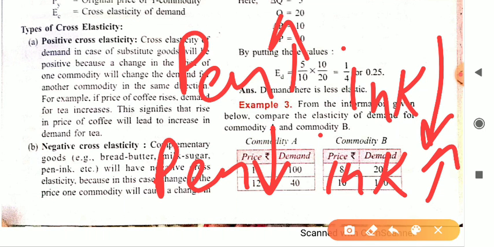So this shows an inverse relationship between pen and ink. If the price of pen increases, quantity demanded of ink decreases. So this represents the negative cross elasticity of demand.